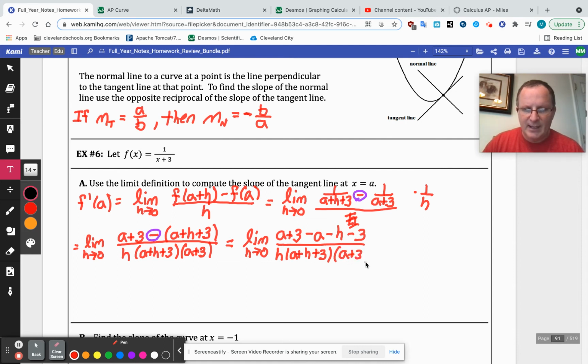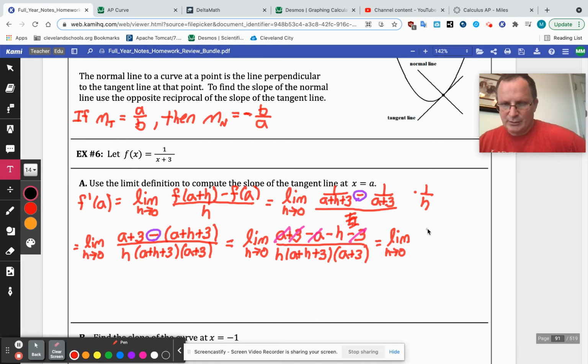Okay, so then we've got lots of stuff that's going to happen. I'll show part of it to begin with. So the a's are gone, the 3's are gone, and I've got this negative h that's staying. So I've got equals the limit as h approaches 0 of negative h.